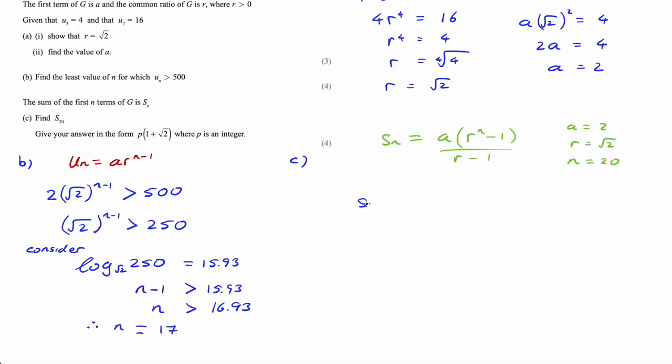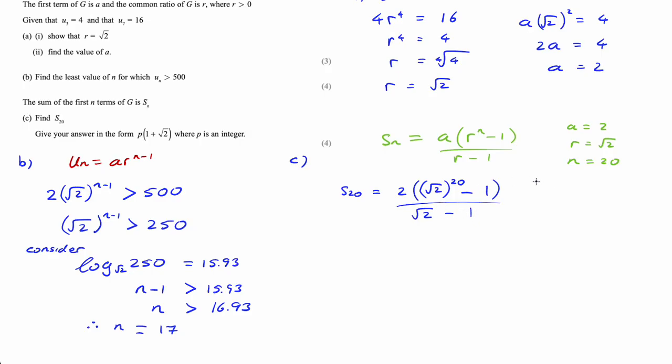So S20 is equal to a, 2, r is root 2, so it's root 2 to the n, minus 1 over root 2 minus 1. I know n is 20, so it's root 2 to the 20 minus 1 over root 2 minus 1.